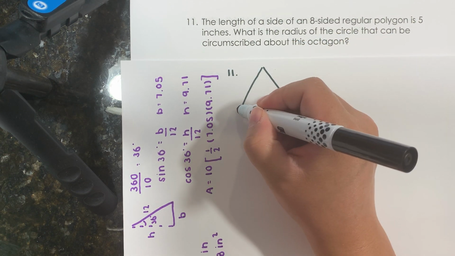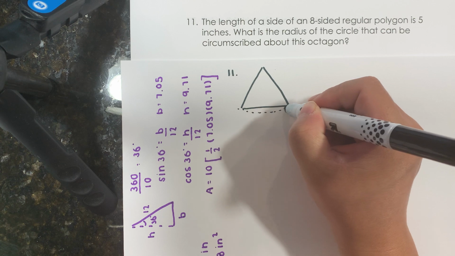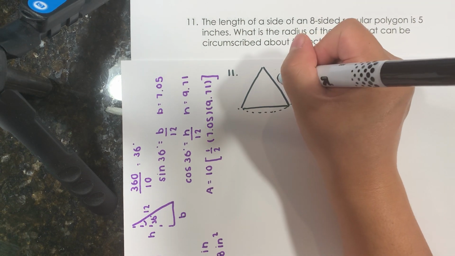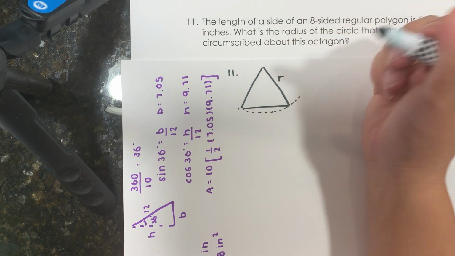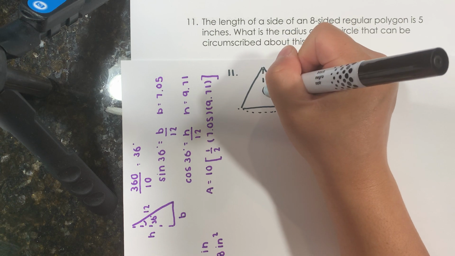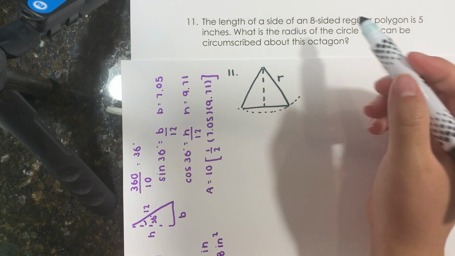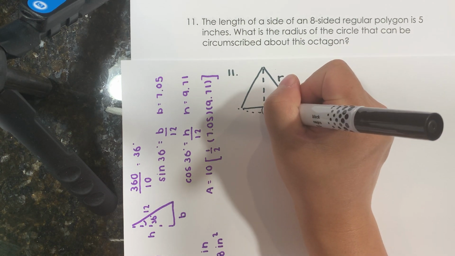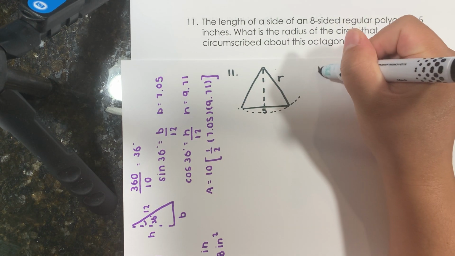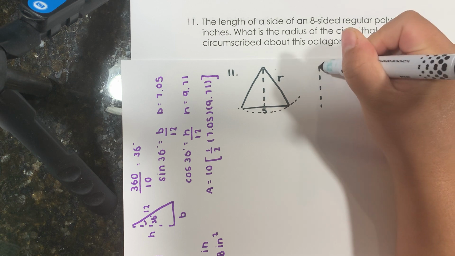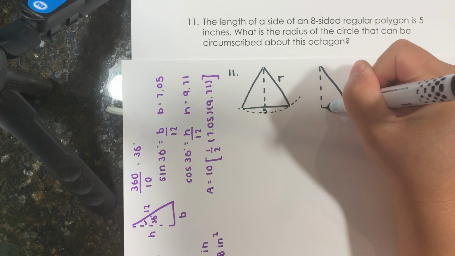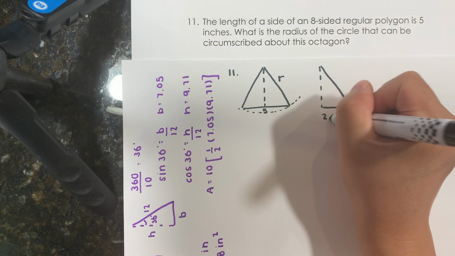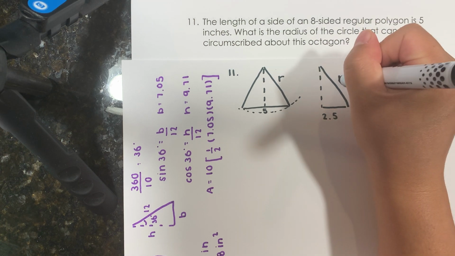And then when you draw a circle around the outside, we're trying to find this slant right here. It says that the length of each side is 5, which means that the base of the right triangle we're going to focus on would be 2.5. We're trying to find this slant here.